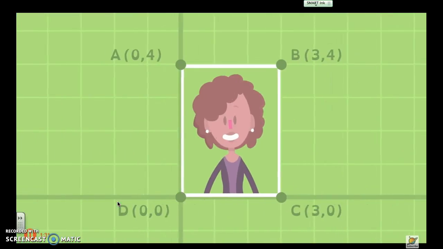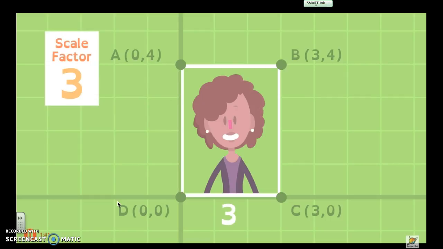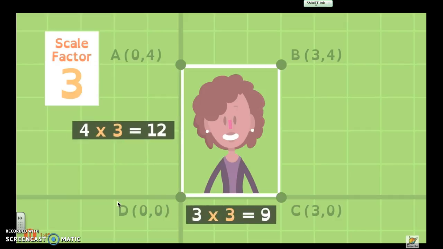A coordinate grid can help us see how this works. If the center of dilation is 0, 0, and the scale factor is 3, the horizontal distance from the center of dilation is 3, and the vertical distance is 4. Multiplied by a scale factor of 3, the horizontal difference becomes 9, and the vertical distance becomes 12.